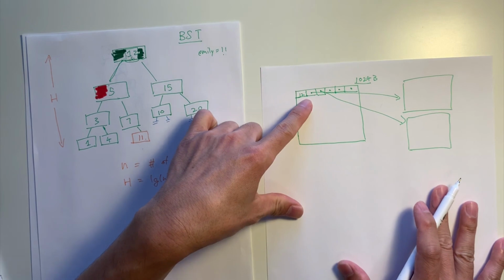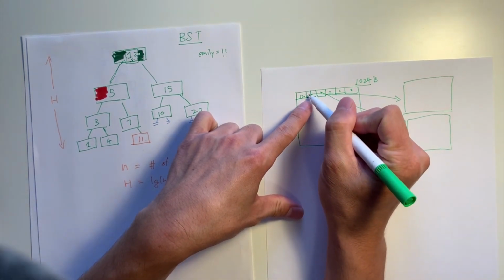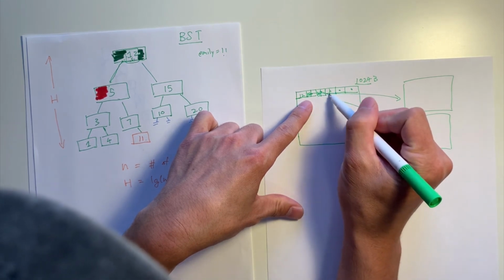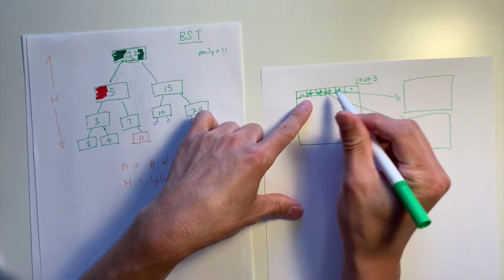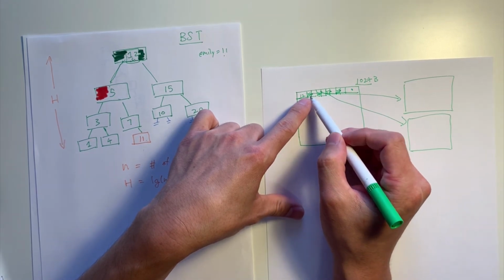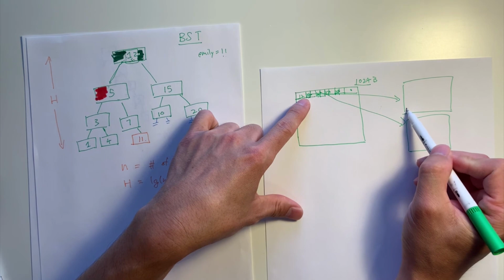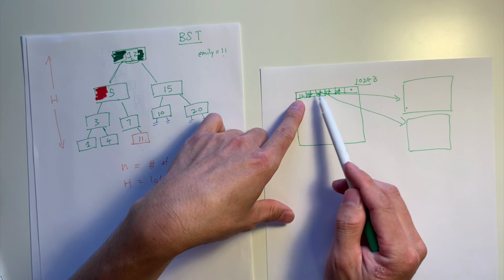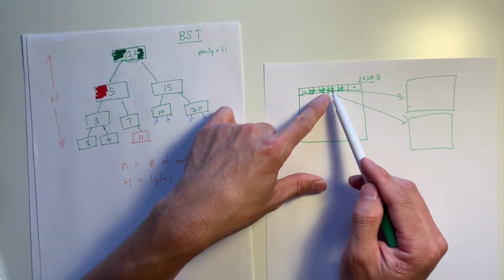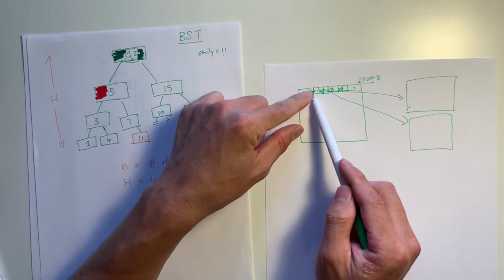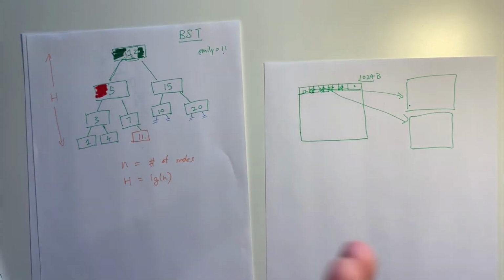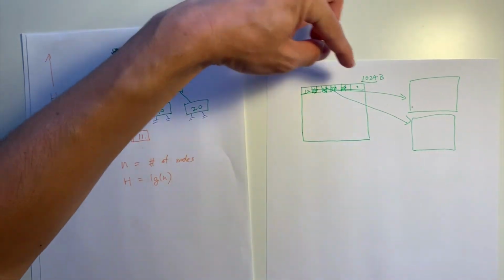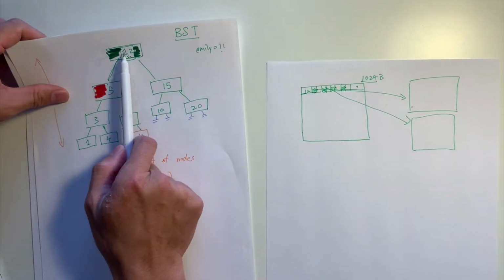Next to each of these pointers, there's also a number. So this might be, I don't know, 24, 26, 27. Each number marks a range: if the key you're searching for is less than this number, go to this page. If it's in between these two numbers, go to this page. Within this range, go to this page, and so on, whereas the ends are just greater than or less than.